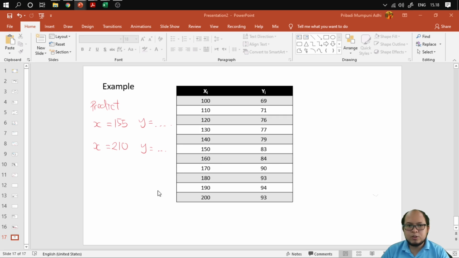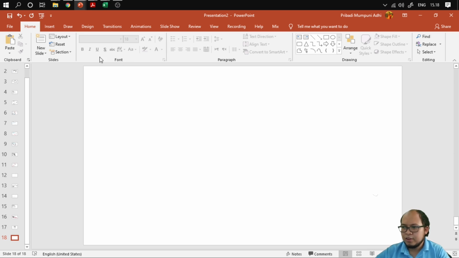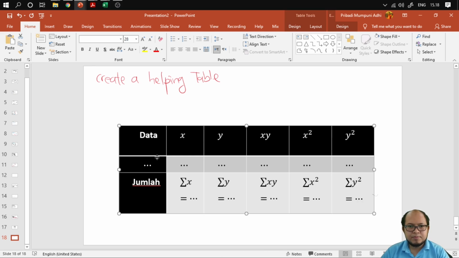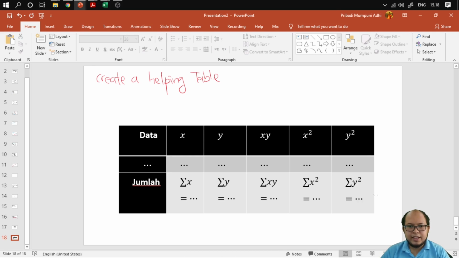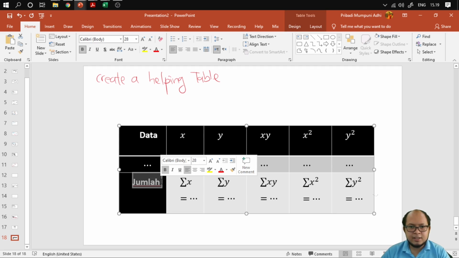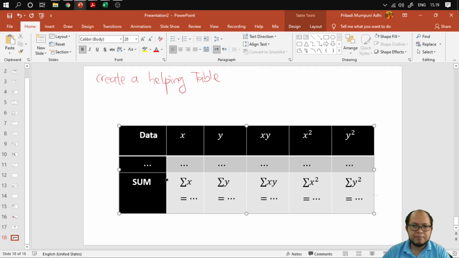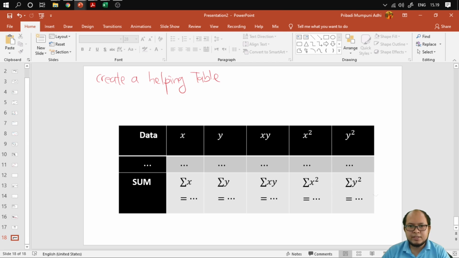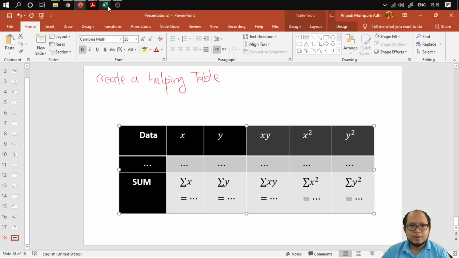So we need to create a helping table. So the helping table is something like this. So we have the data and the total or the sum. I will copy this value to the Excel file.